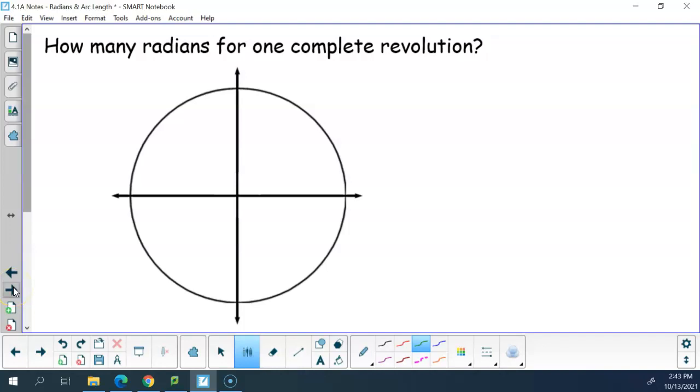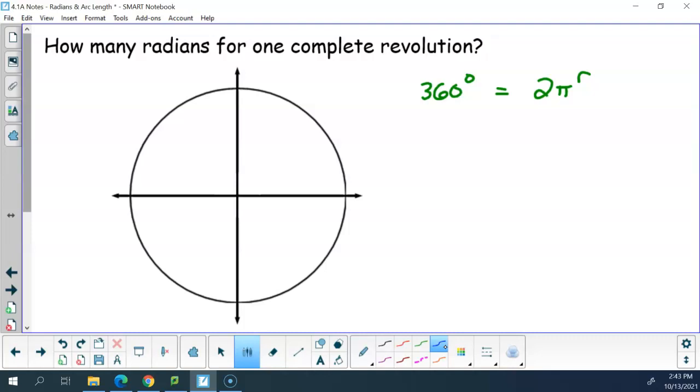Last thing I want to explore a little bit is the whole relationship of radians and degrees. Once again, there are 360 degrees around the circle, and there are 2 pi radians around the circle.